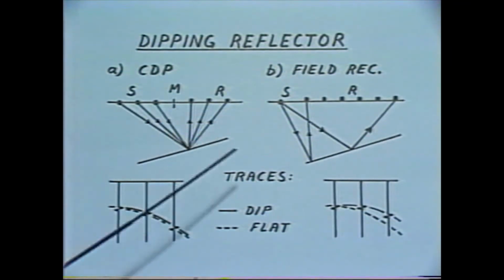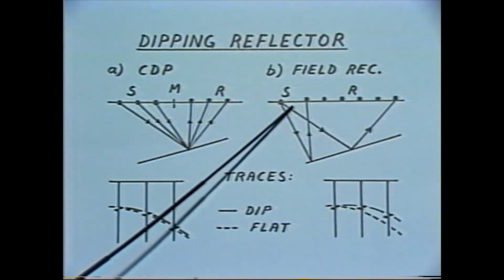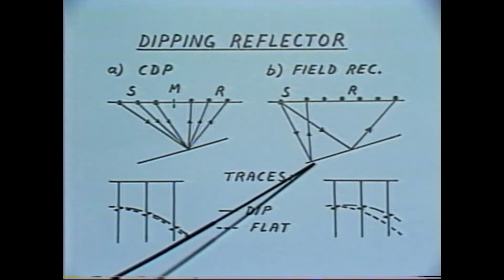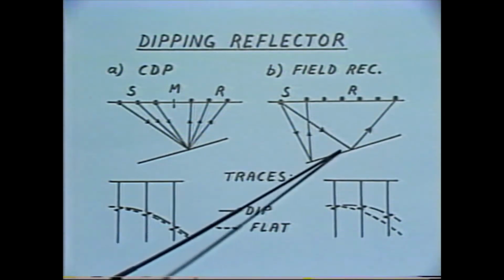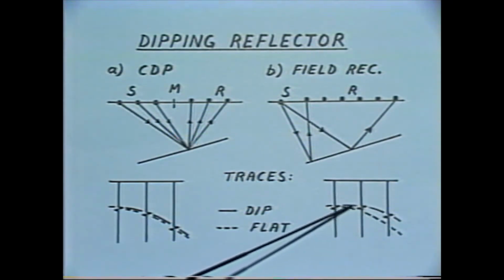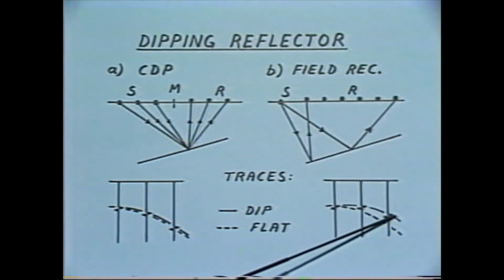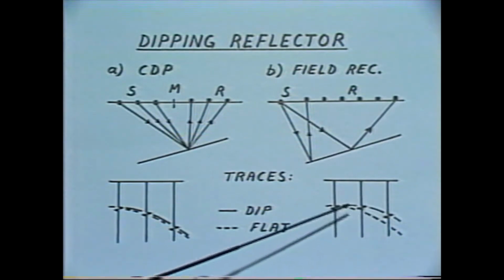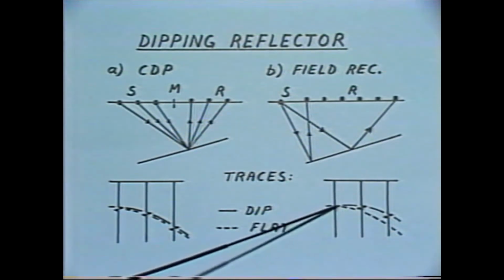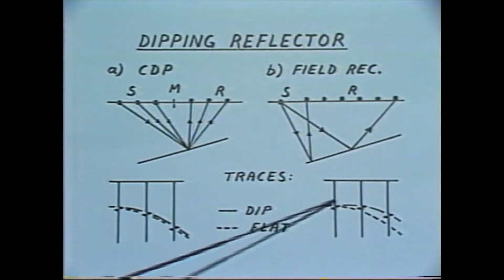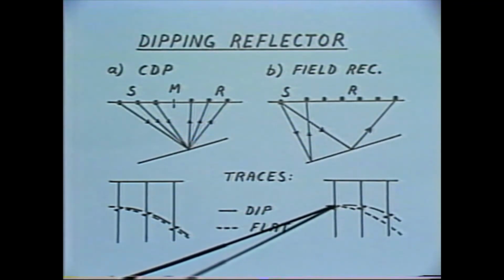However, on the original field records, in the situation with a dipping reflector such as this, although the reflection event would again form a hyperbolic curve across the set of traces, it would be a different curve, in fact less curved in this case, than for a reflector with the same velocity of travel to the reflector that arrived at the same time on the near trace.